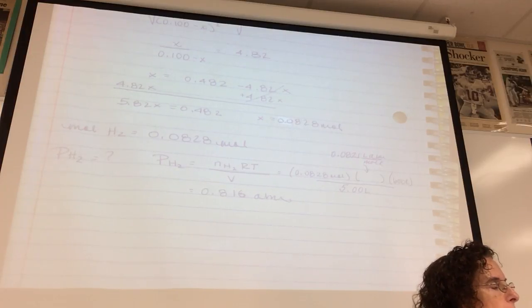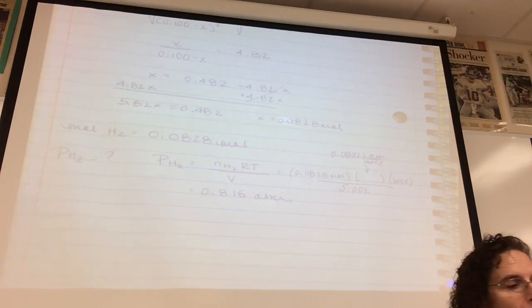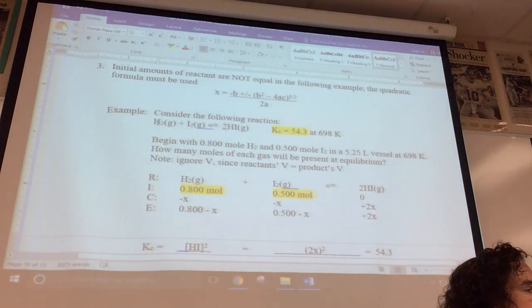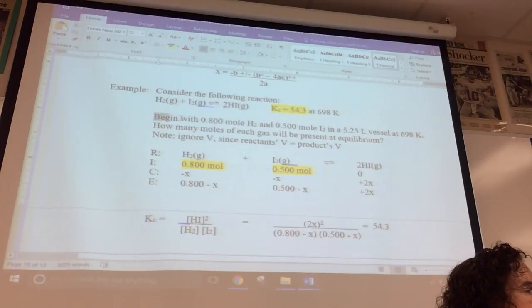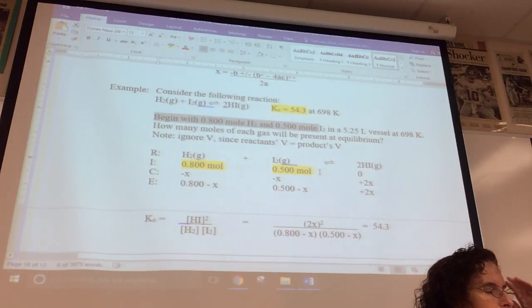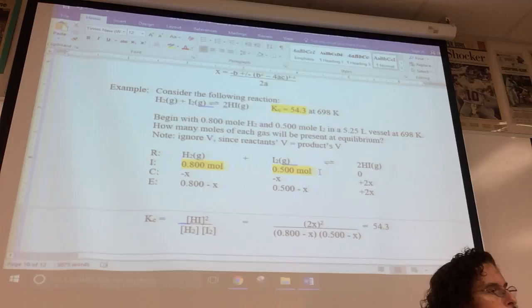Sometimes initial amounts are not the same. That requires the quadratic, or if you have a graphing calculator, a much easier approach. Same reaction, but the initial amounts now, highlighted in yellow in the RICE table, are not the same. Same approach, subtract from the left, add 2x to the right because you're generating it and the stoichiometric coefficient is 2.